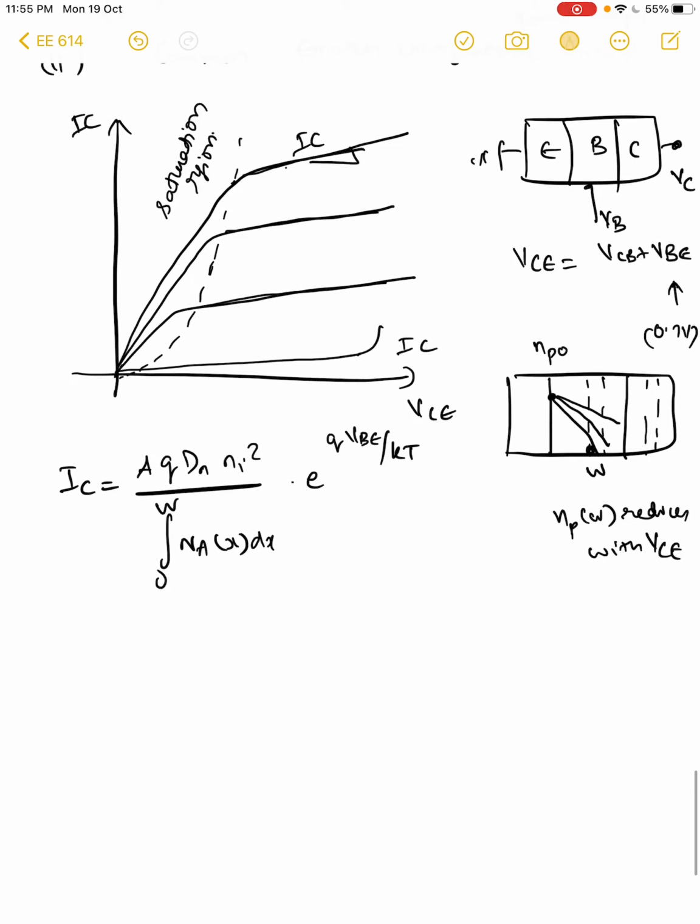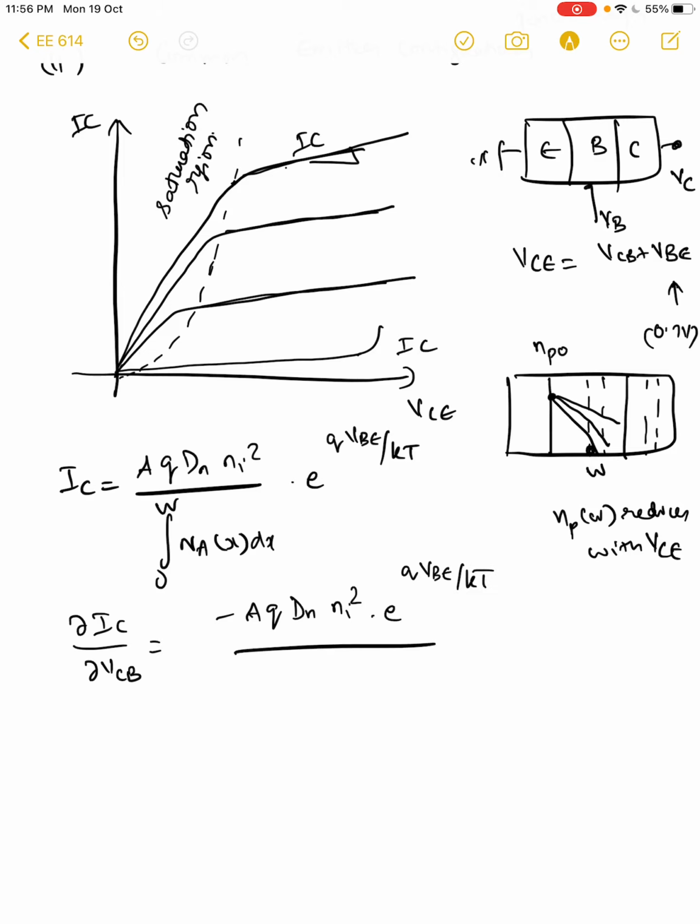So now if I do ∂Ic by ∂Vcb, I will get minus A q Dn ni square e power. Now it's easy to see that the only thing that changes in this expression when I change the VCE or when I change the VBC is just the width, right?